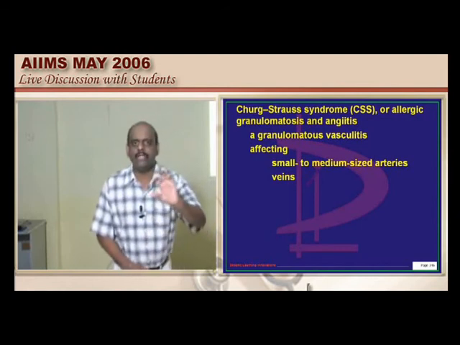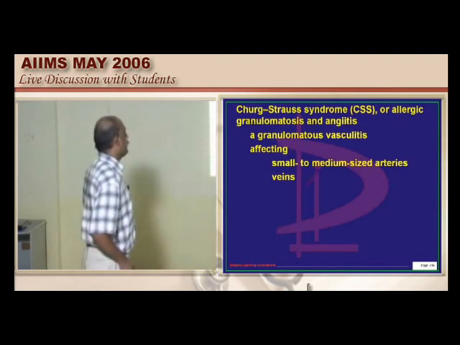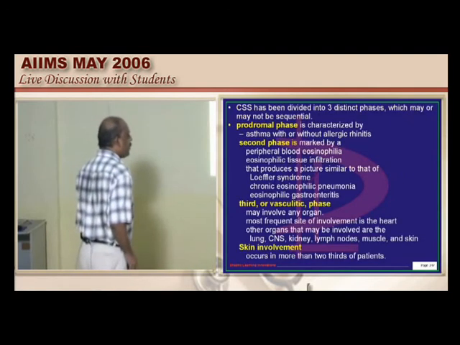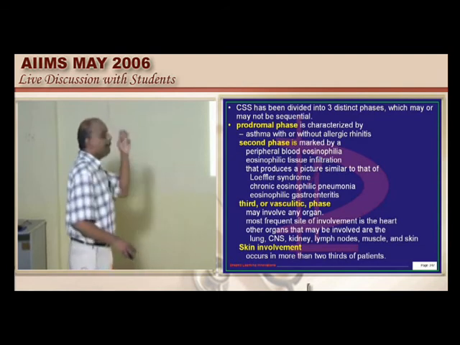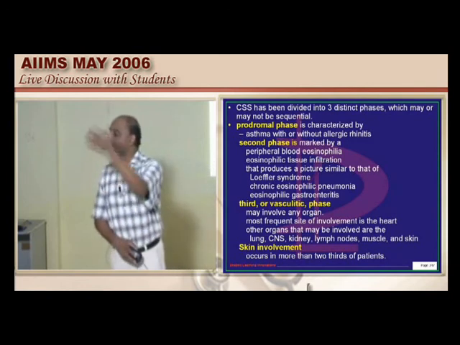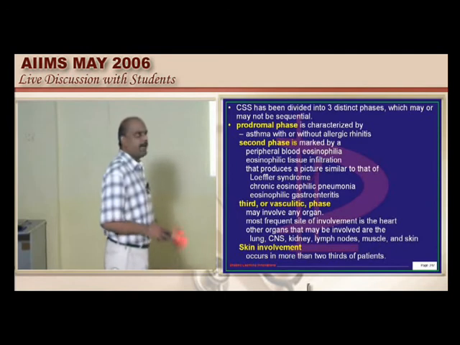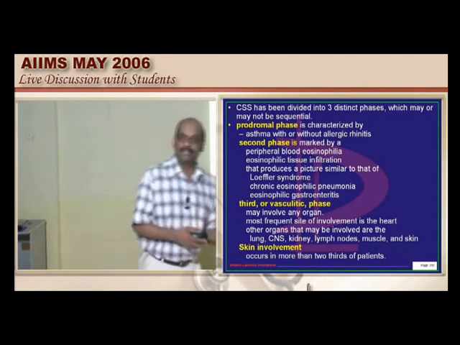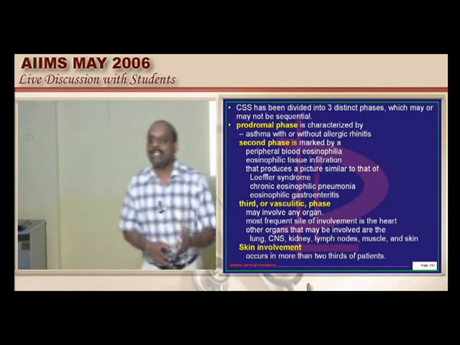That is the algorithm by which you will approach your final diagnosis in a given case of vasculitis. So Churg-Strauss involves small to medium sized vessels, and there are three important distinct features in the way Churg-Strauss vasculitis evolves clinically. Initially, the patient comes like an asthma case with a lot of eosinophilic involvement.